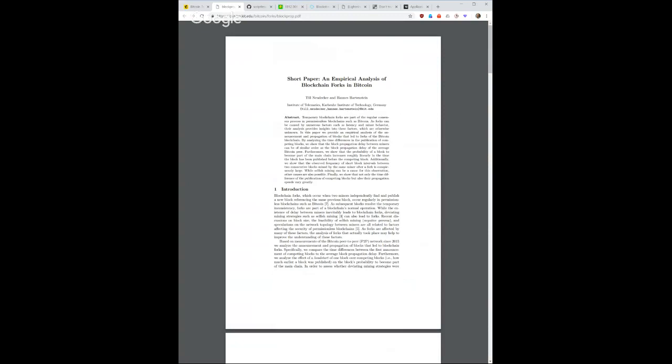If a second block happens right away, then you release it. Even if they found the first block after somebody else found theirs, it's a way to get in their Coinbase rewards and so on. Really interesting paper. I encourage you to take a look at it.